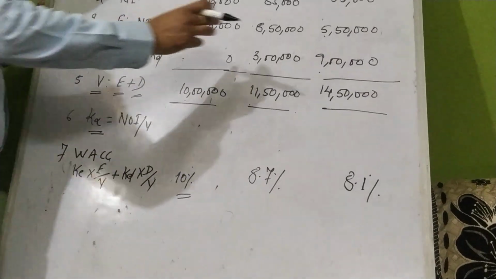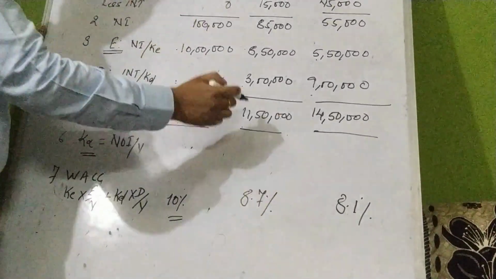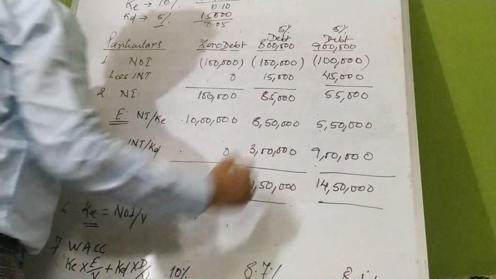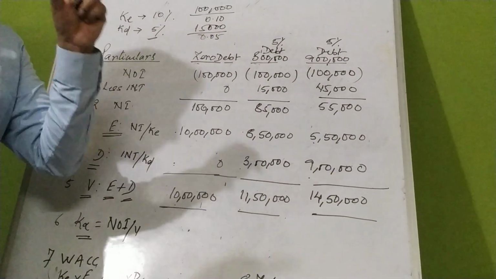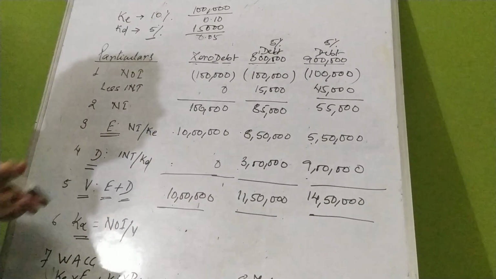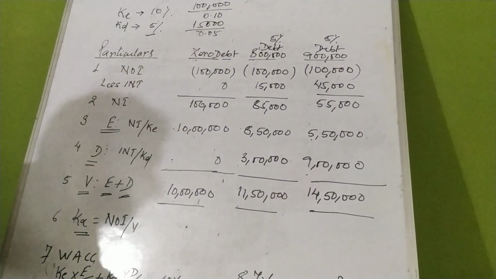So you see, when the company is using more debt funds, the value of firm is rising. However, there is no change in the sales figure. The revenue remains the same. So even if the revenue continues to remain the same in all these three cases, in all these three cases it does not command the same value.